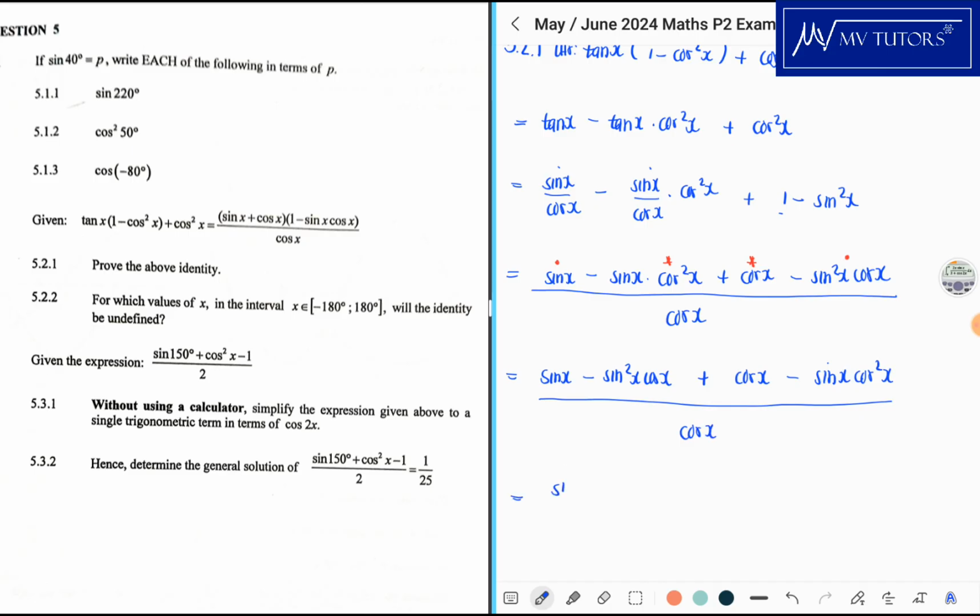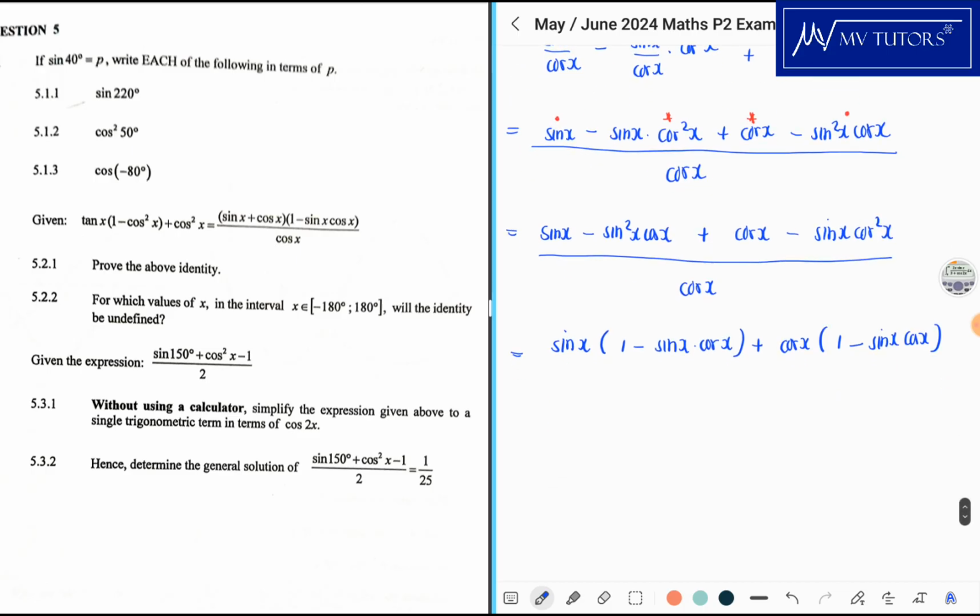So if I take out the common factor, which is sine x, I'll be left with 1 minus sine x times cos x. Okay, so I'm seeing something there, which is good. And then if I take out cos x as a common factor, I'm left with 1 minus sine x cos x. Okay, perfect, this is falling in place.